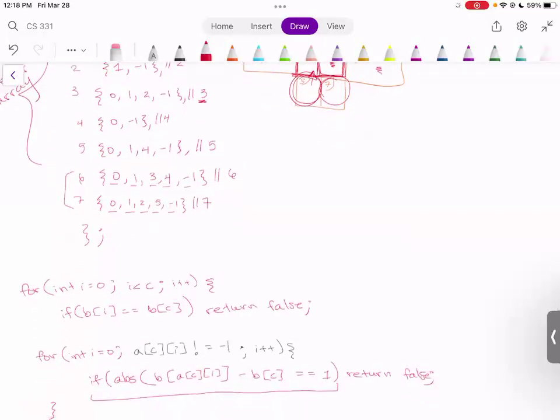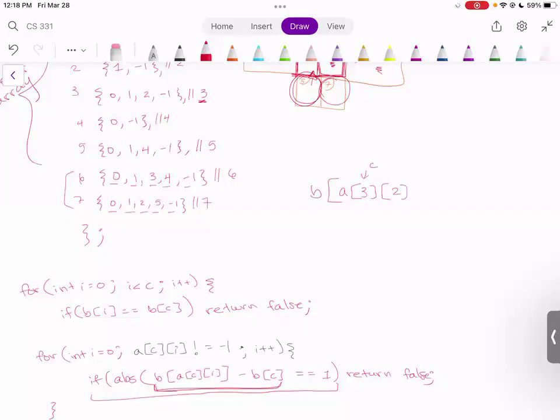While a sub c sub i does not equal -1. Okay, so we're just iterating through all of this at once. So let's just look at this really quickly. This portion right here, b of a. Let's pick a value for c. c will be 3, and i will be 2.